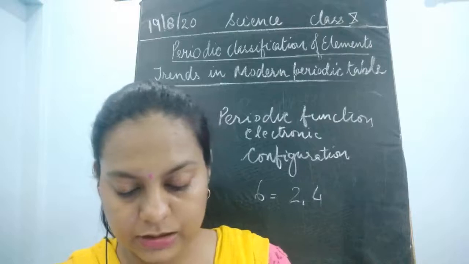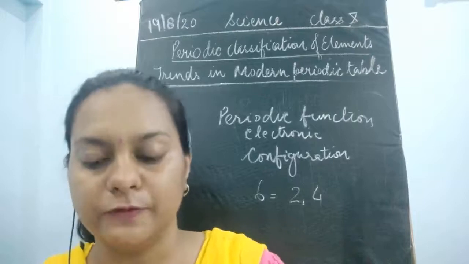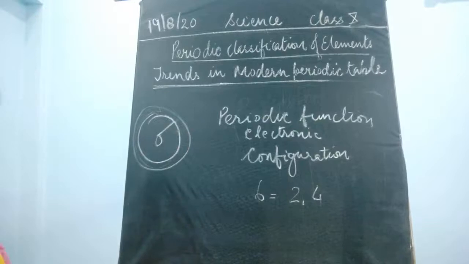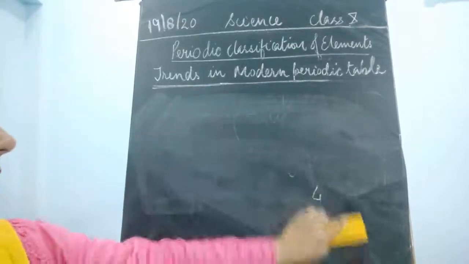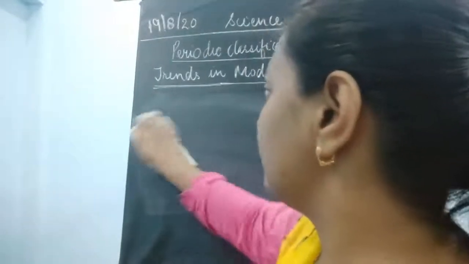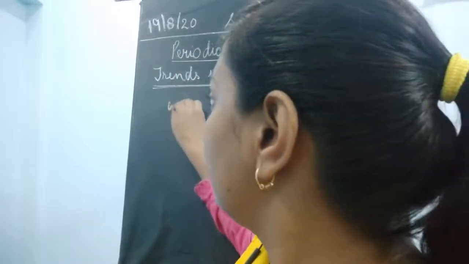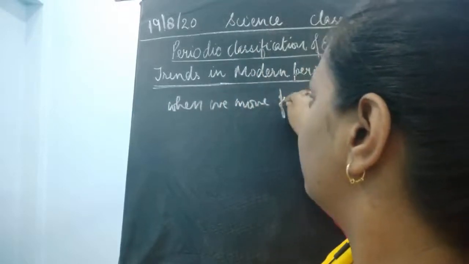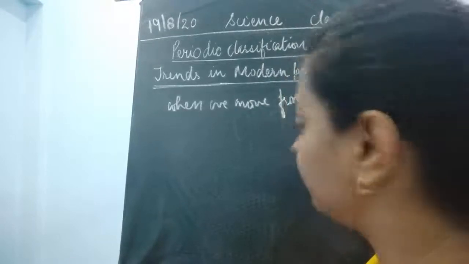Now, what is the variation in the periodic table? Let's find out. The size of the atom decreases as we move from left to right. So, what is the trend? It is going to decrease as we move from left to right. What is happening in the size of this particular atom when we move from left to right?